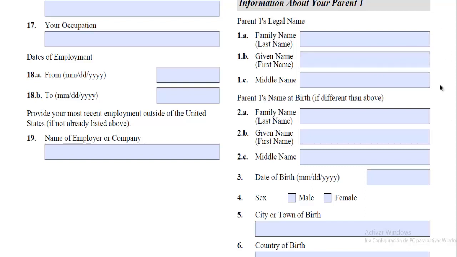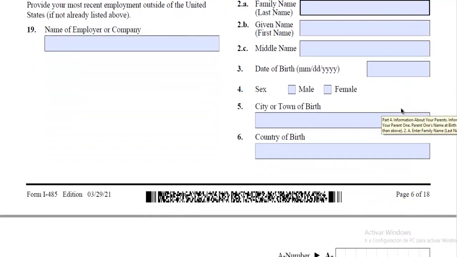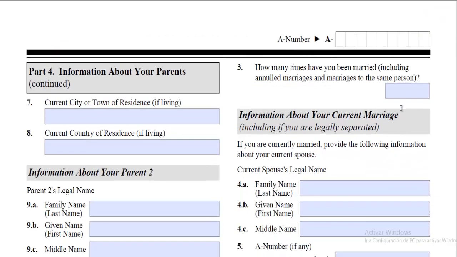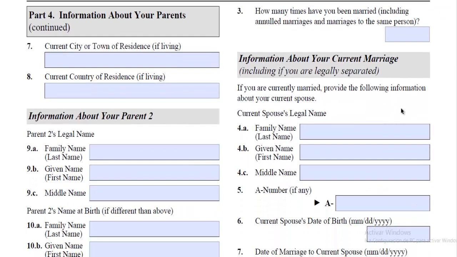Let's say your mom was married to your dad. She will have that legal name if she changed her last name here in the first part, and in the second part, her original name. Then sex, date of birth, town or country of birth, and residence for both parents.